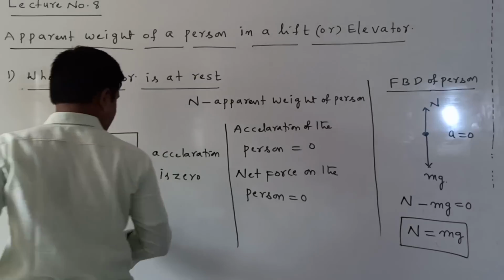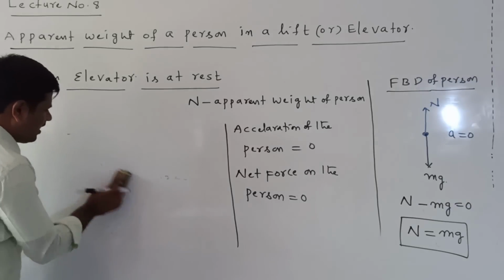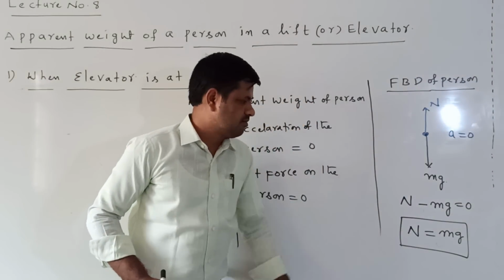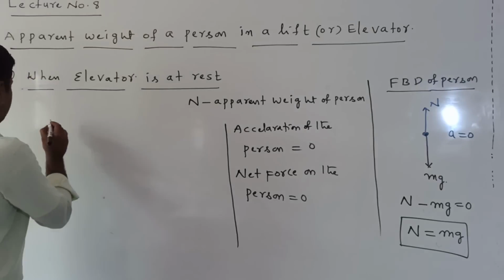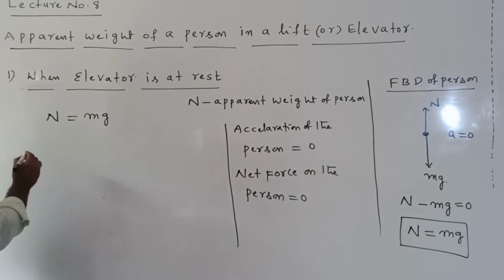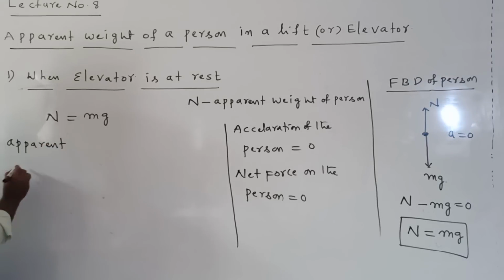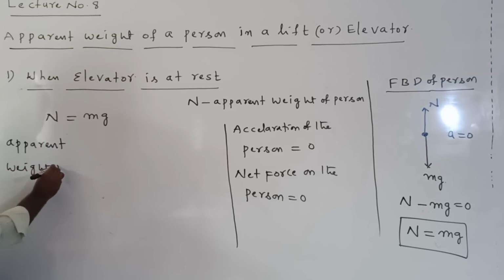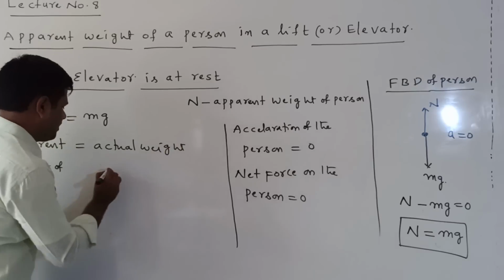N equals mg. What is the meaning of this? N, as we already said, gives the apparent weight of the person, and mg is the actual weight of the person. So the apparent weight of the person is equal to the actual weight of the person.